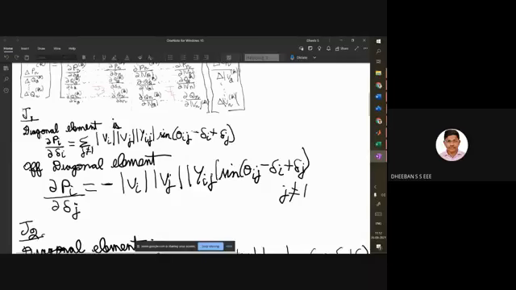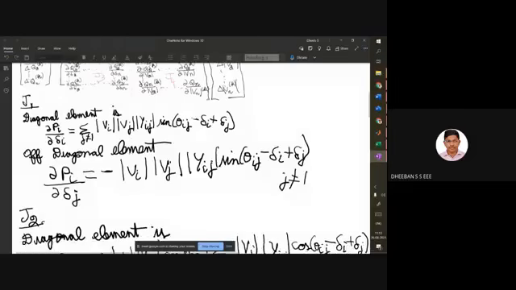Your diagonal element will be a summation term, whereas for your off diagonal element, the transfer admittance, you'll be just negating the value. It is the same thing over here. Here only negating it, and then we'll be taking a partial derivative with respect to your del. That's a point I want to justify.